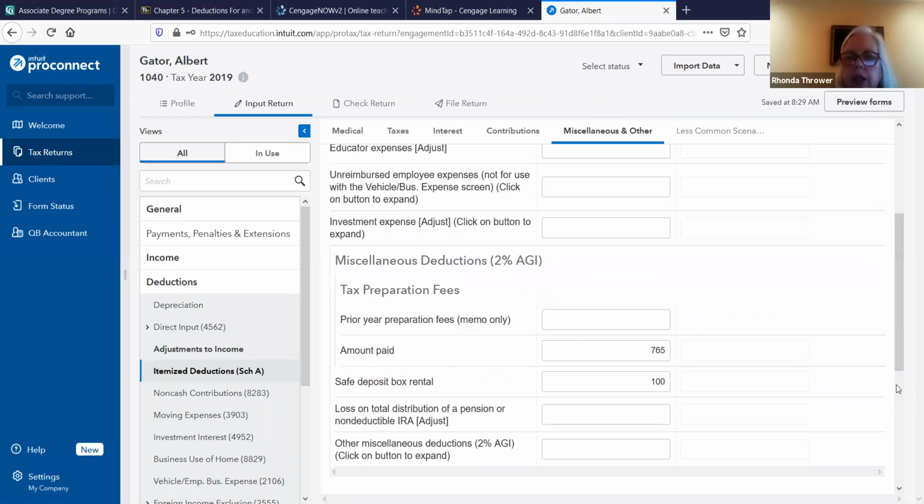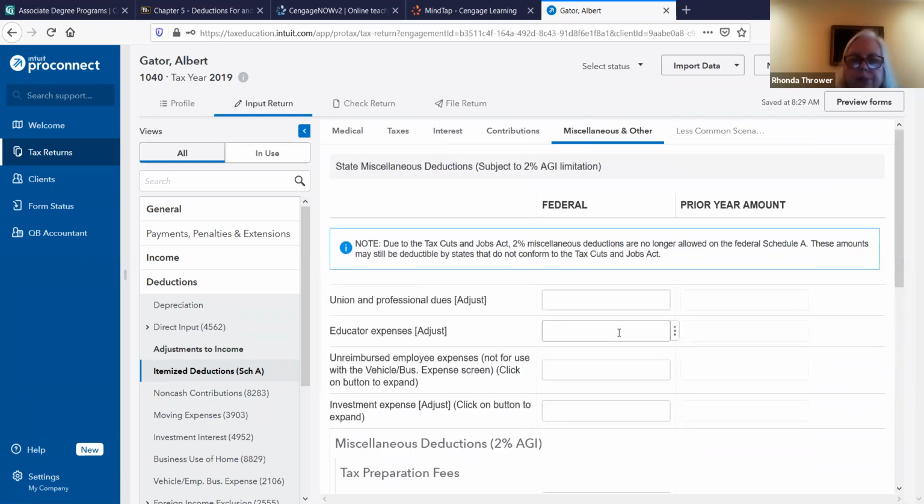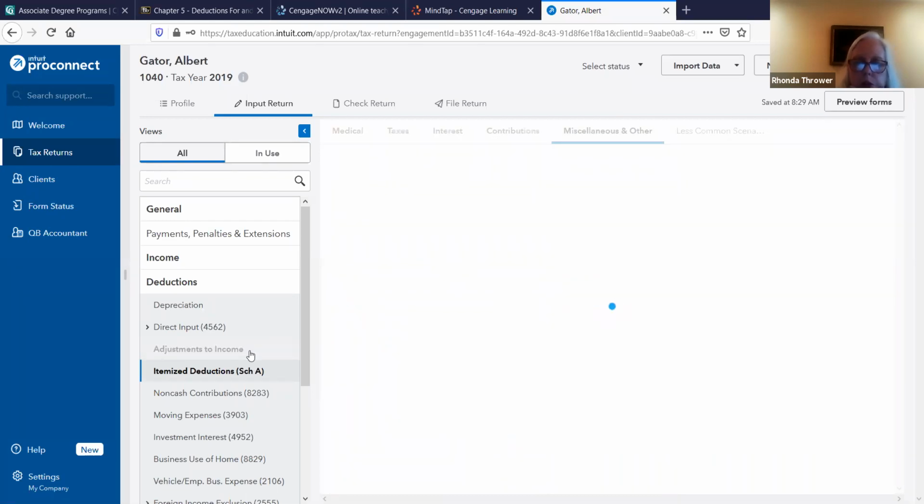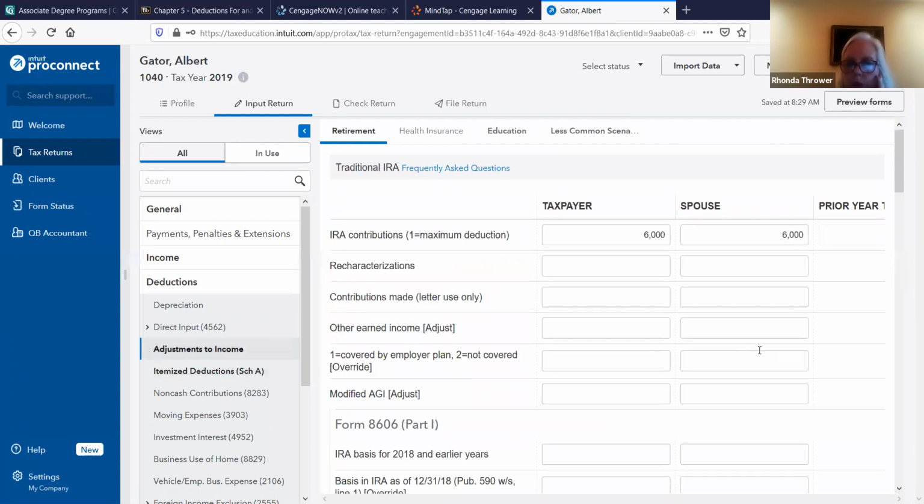And basically that's it for the problem. We've taken all of our deductions. We've looked at putting in amounts for the IRA, which went under adjustments to income, and also there was another adjustment to income that we recorded. And I'll just click on it because my memory's failing me right now, but we already talked about it.